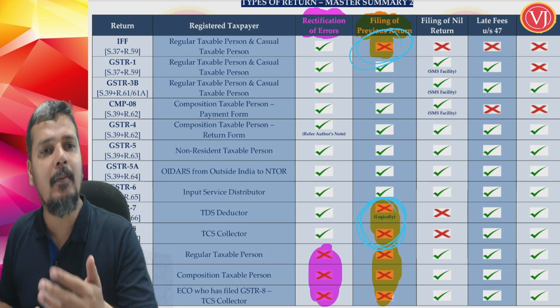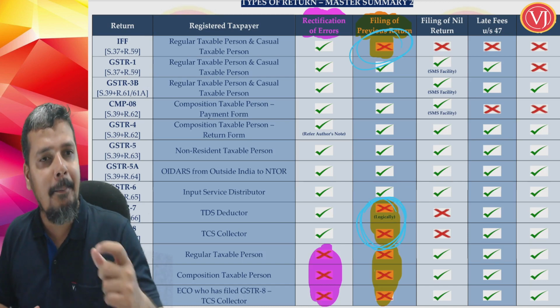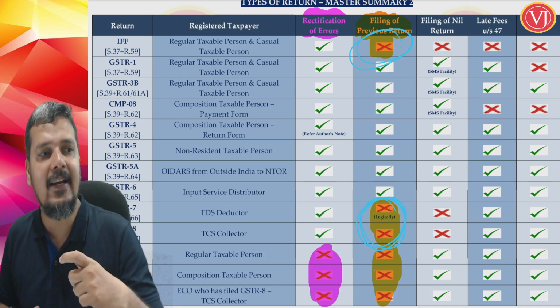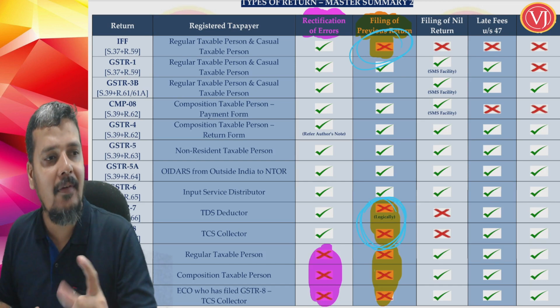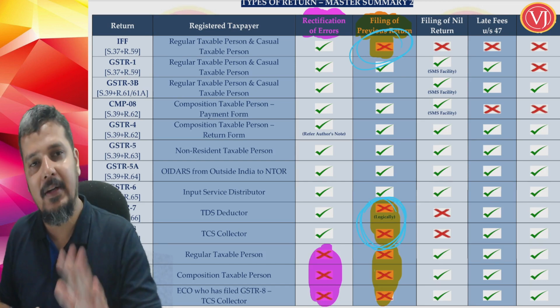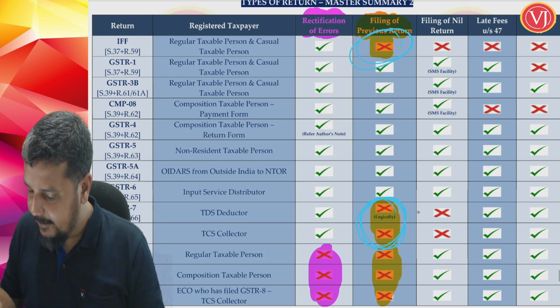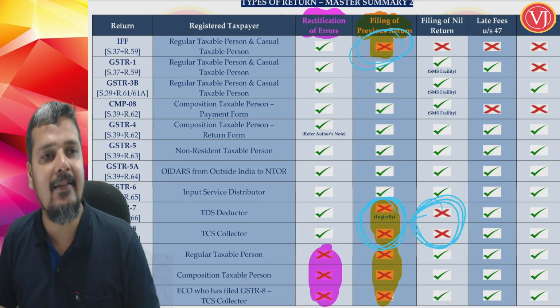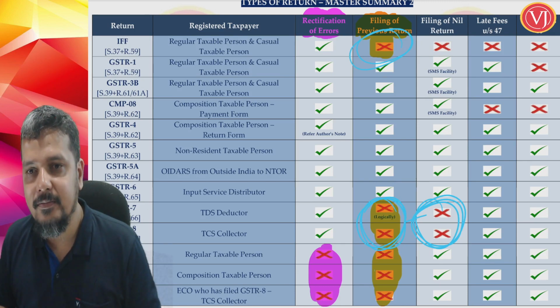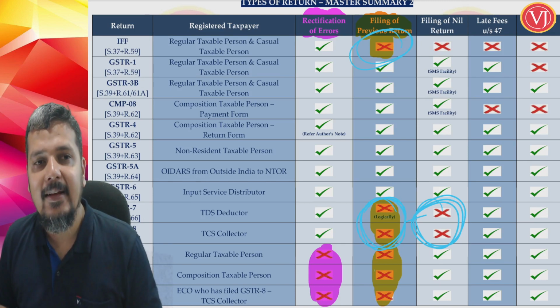So there is a blank in between. April TDS return it has filed, May it was not filed, June it is filing. Is it allowed? Yes. So both are interconnected. As TDS returns and TCS returns, if they are nil returns, you are not required to file them.